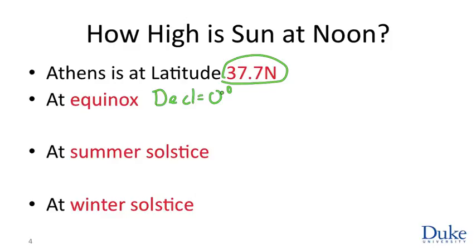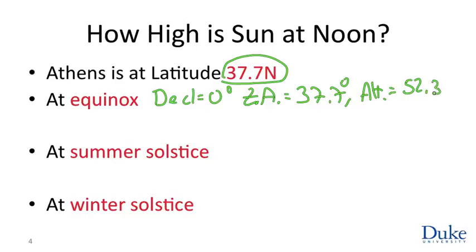And if the sun is at declination 0, then at noon, its zenith angle is just the difference between its declination and the declination of our zenith, which is given by our latitude. Its zenith angle is 37.7 degrees, which means its altitude is 90 degrees minus 37.7, which is, I believe, 52.3 degrees.